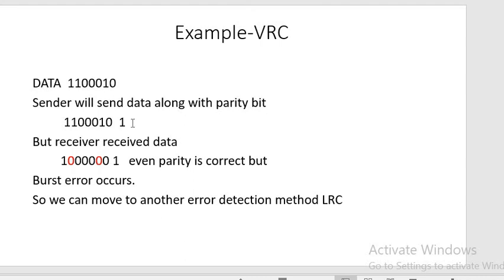I'll send my data with even parity bit 1, but the receiver gets it corrupted in the second bit and this bit. But the total number of 1s is even here, so there is no error detected in VRC. But a burst error has occurred. So that's why we move to another error detection method called longitudinal redundancy check in the next class. Hope you can follow this.